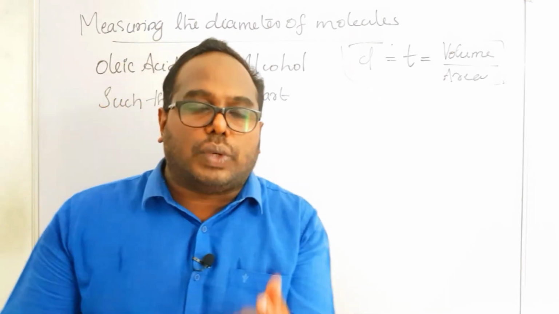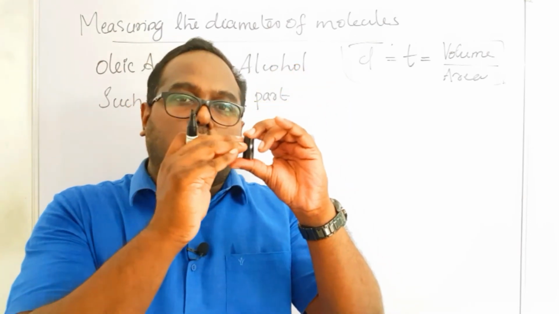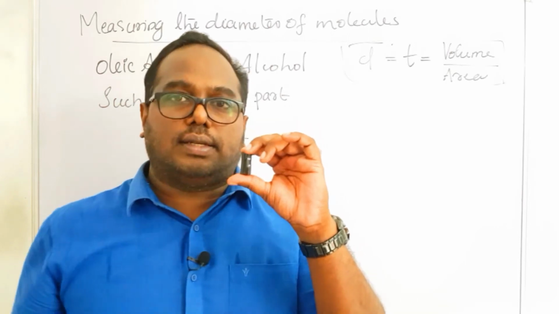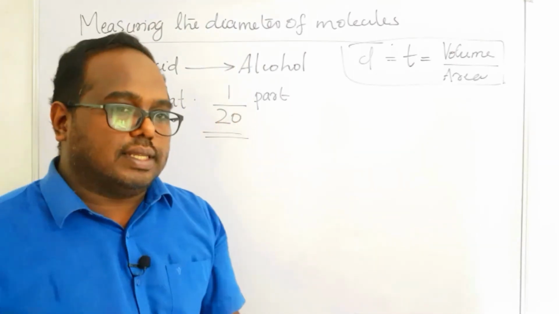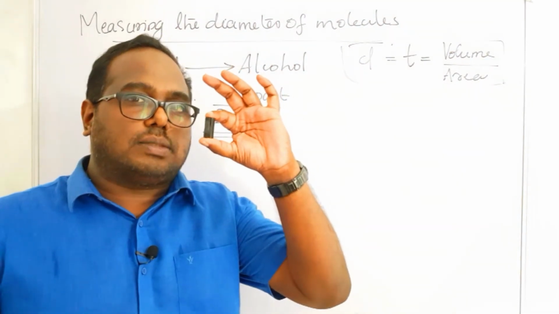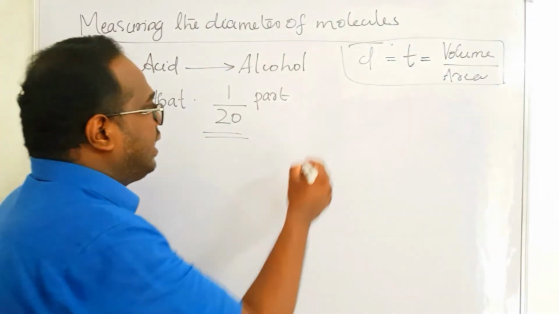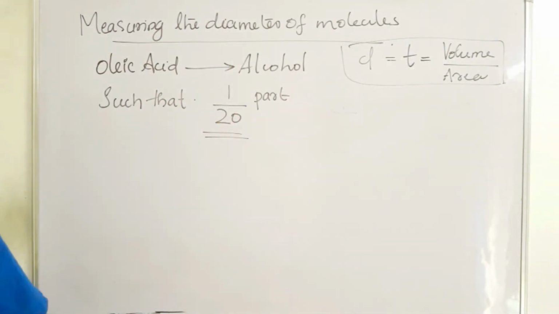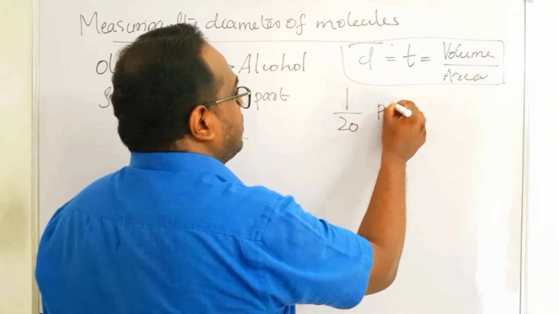After mixing, if you take 1 ml of that solution, it should contain only 1 by 20 of oleic acid. Again, you take that solution, in which oleic acid is only 1 by 20, and dilute it again with alcohol into 1 by 20 part.